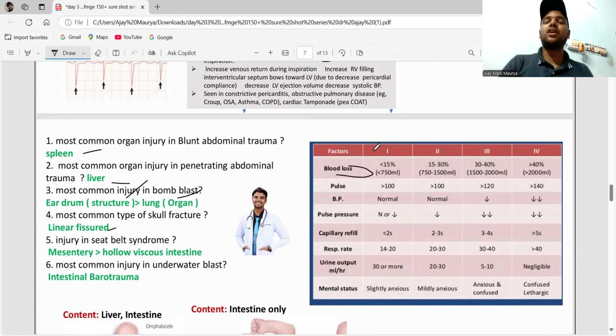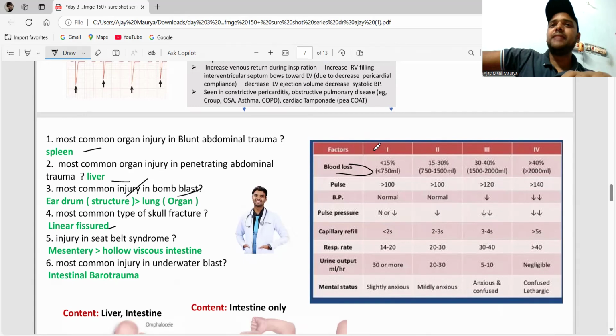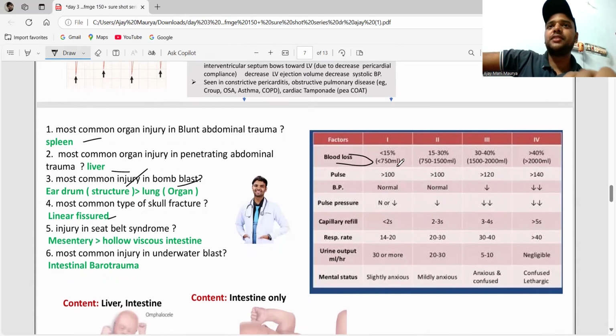Remember the percentage, because in the exam, guys, in the question they will just say there is a blood loss of only 30%. Then you must work out what class it is: class 2. Suppose, for example, in the first class, I just got hit by this wall.